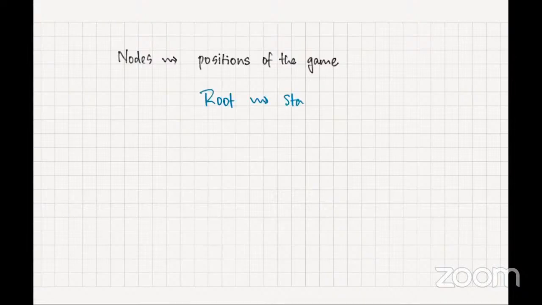The nodes of the game tree are positions in the game, all the possible positions of the game. You start out at the root. The root corresponds to the starting point.